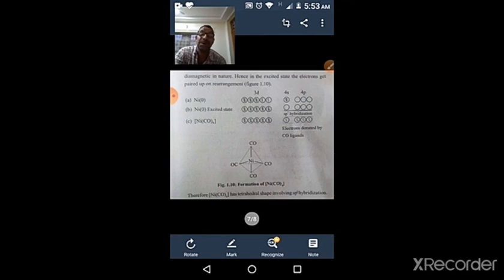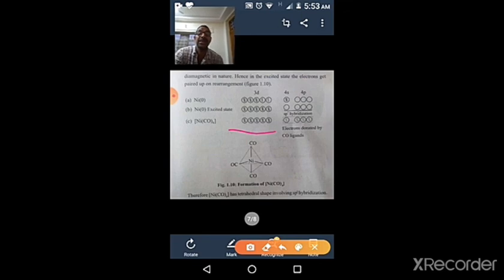Because it doesn't have an unpaired electron in the d orbital, it doesn't exhibit any paramagnetic property. That's why it is diamagnetic. All electrons are paired in the 3d orbital. So you see the 3d orbital has 5 electron pairs. That's why it is diamagnetic.